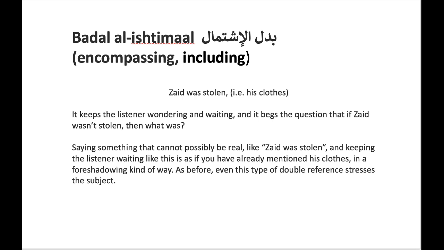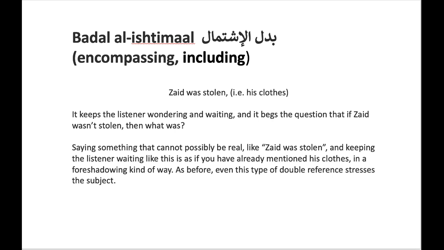So this figurative relationship keeps the listener wondering and waiting. And it begs the question, if Zaid wasn't stolen, then what was? Zaid was stolen, he can't be stolen. If he is not stolen, then what was stolen? Saying something that cannot possibly be real, like Zaid was stolen, and keeping the listener waiting like this is as if you have already mentioned his clothes in a foreshadowing kind of way.